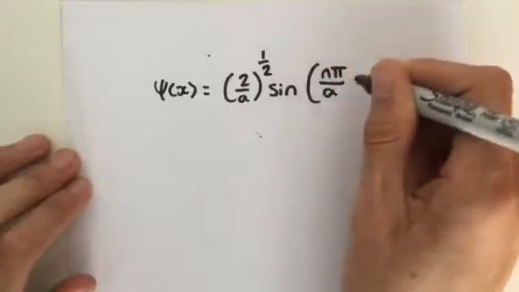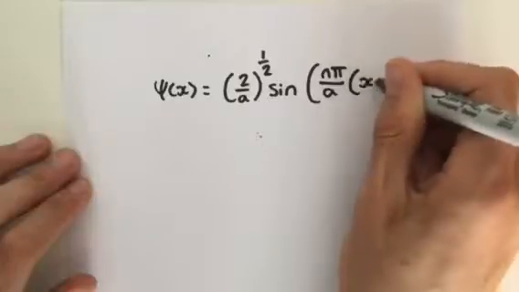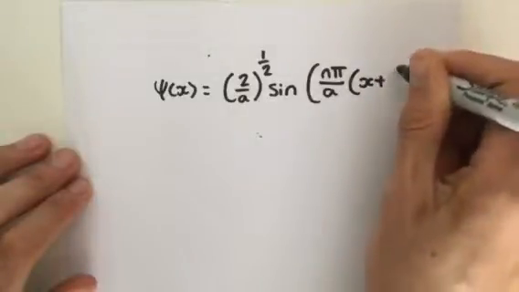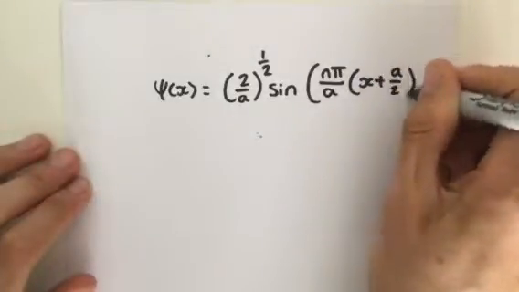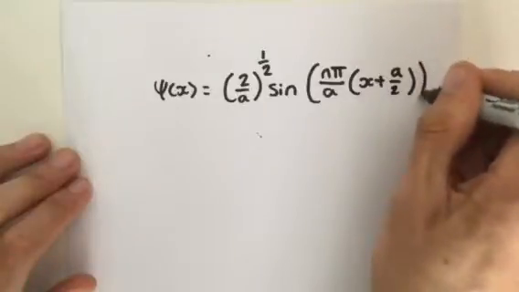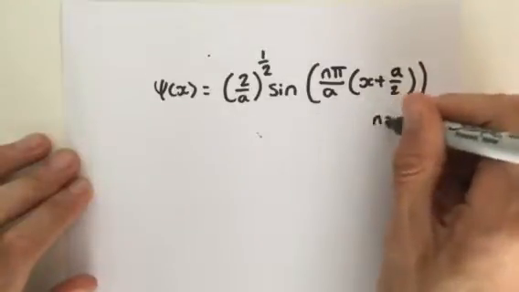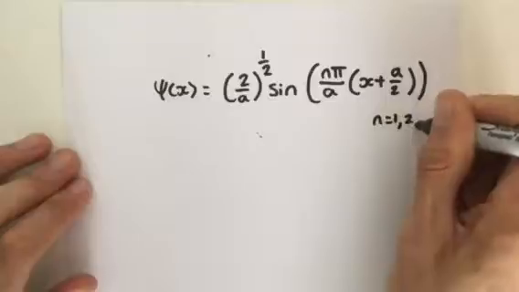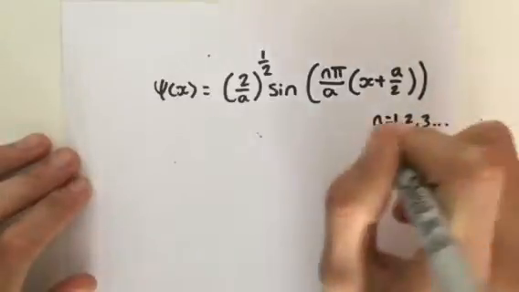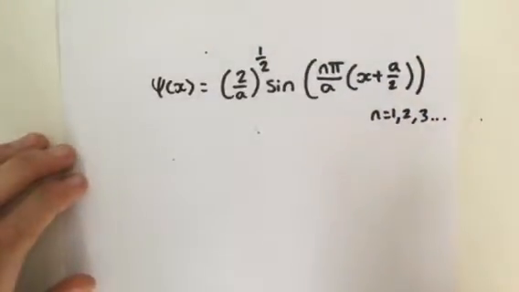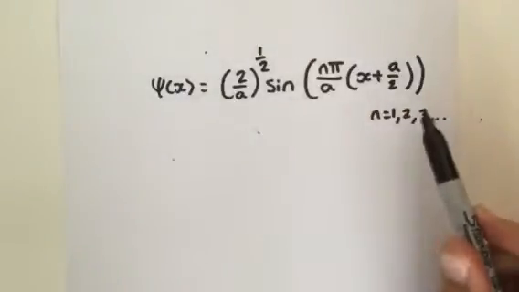However, x is now x plus a over 2, and this goes to n equals 1, 2, 3, and so on.